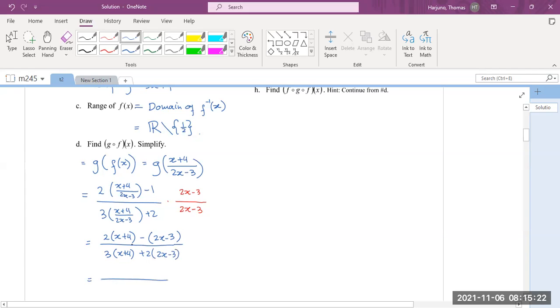That will give us 2x plus 8 minus 2x plus 3 over 3x plus 12 plus 4x minus 6. That is 11 over 7x plus 6.